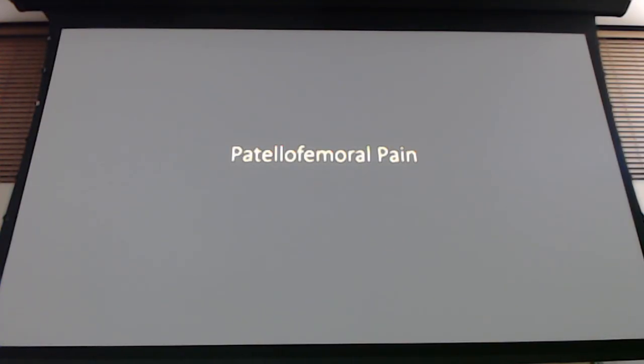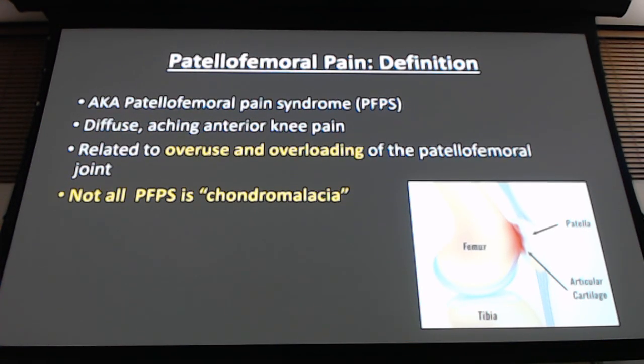They were able to obtain and maintain a straight leg raise, negative patellar apprehension test, no history of subluxation or dislocation, etc. Therefore, you end up here: patellofemoral pain, AKA patellofemoral pain syndrome, diffuse aching anterior knee pain that tells you nothing.